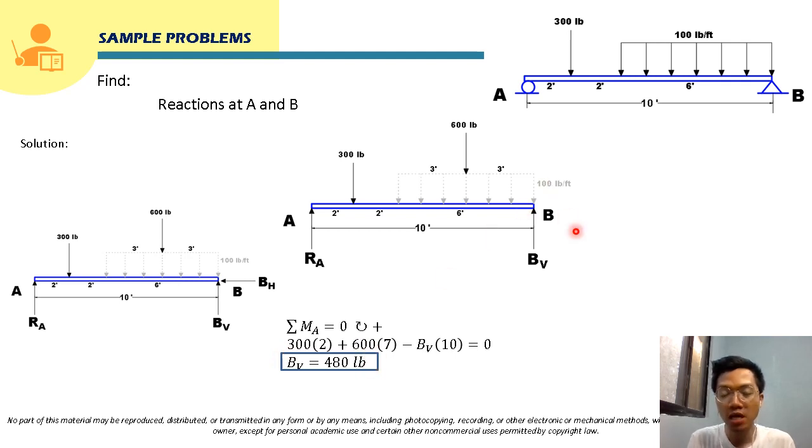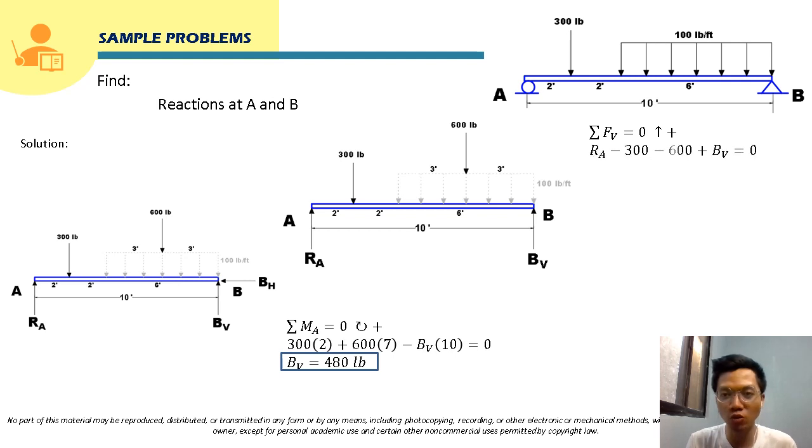Now for the other reaction force that we need to solve, we can use another equation. Let's say that we're going to use summation of forces to solve for RA. So using summation of forces vertical is equal to 0, our assumption is positive for upward forces.